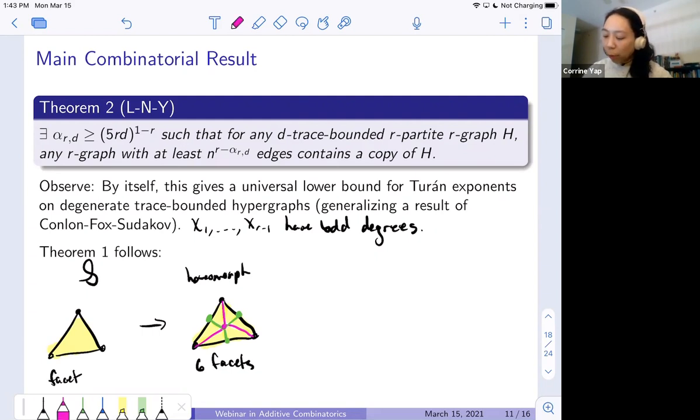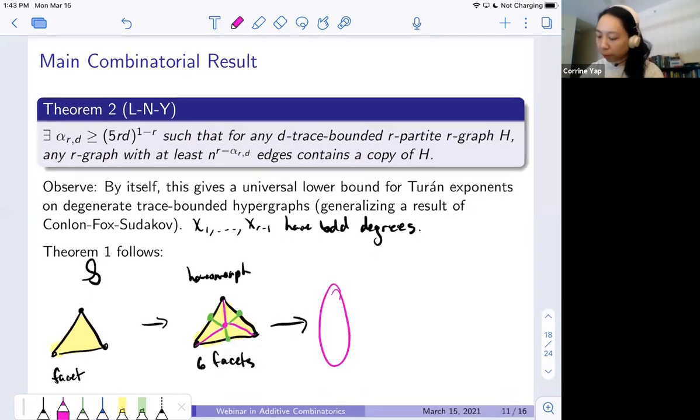What you might notice from the way that I colored these vertices is that this corresponds, when we go from our simplicial complex to the hypergraph, to a D trace bounded 3-partite 3-graph. So how do I do that? Let me draw the parts in the corresponding colors.